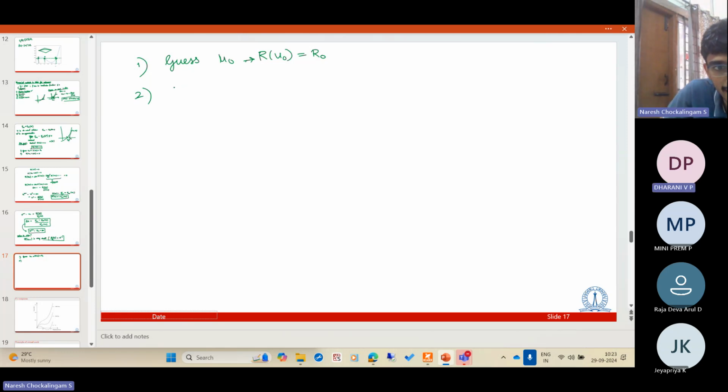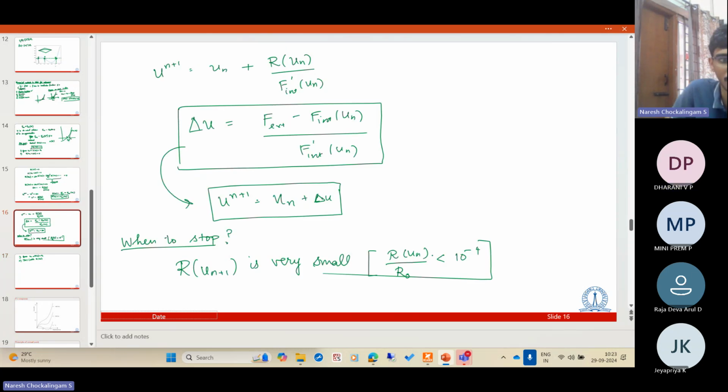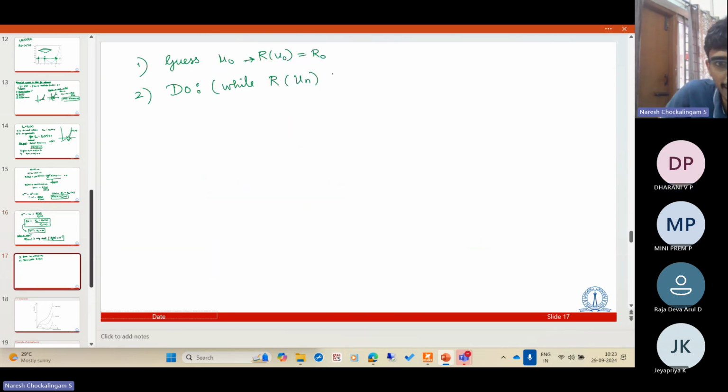So let us say do the following, while what is the stopping condition? R of un or un plus 1, it doesn't matter. If it is less than 10 power minus 4 times r0, we'll stop it. So you have to do it when it is greater than or equal to 10 power minus 4 times r0.